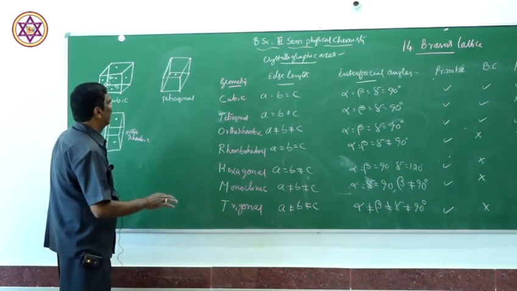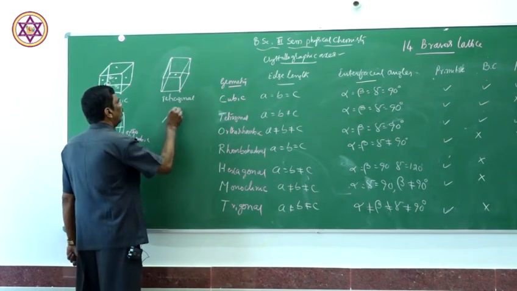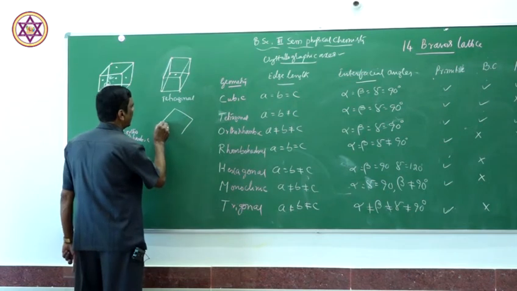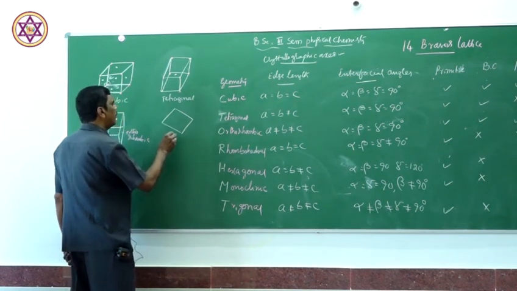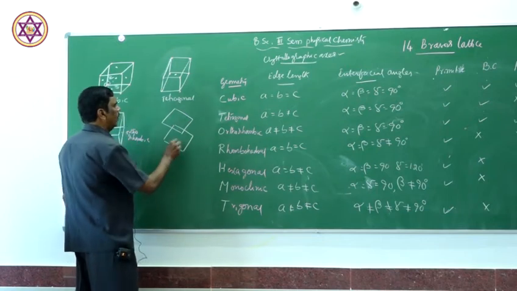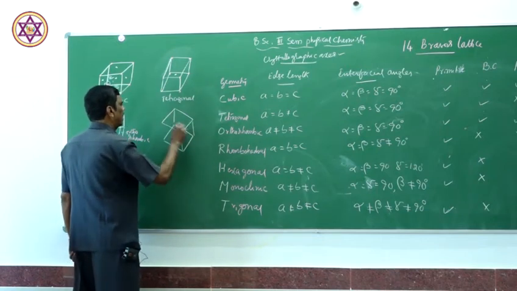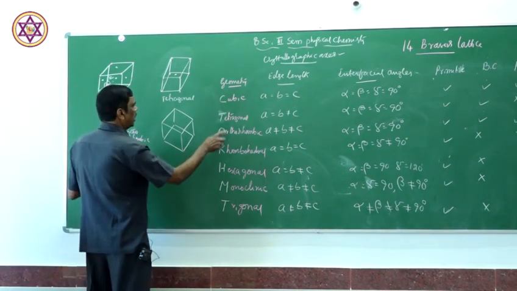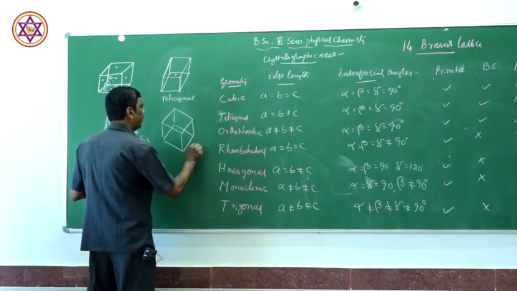In case of rhombohedral, a = b = c, whereas alpha, beta, gamma are not equal to 90. So in this case, all the angles are not equal to 90, but all of a, b and c are equal. This is rhombohedral.